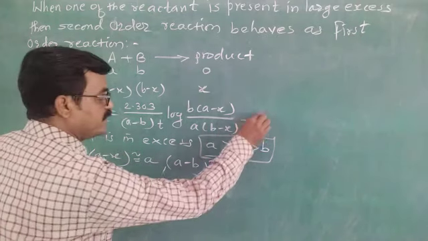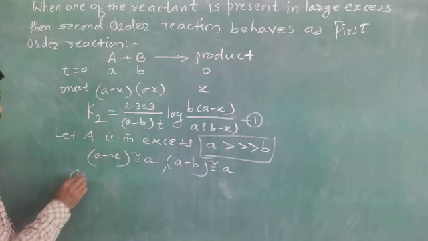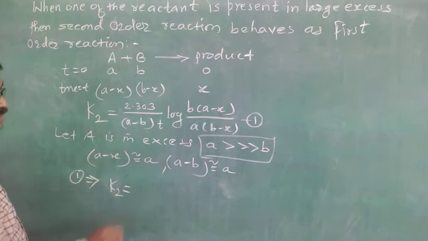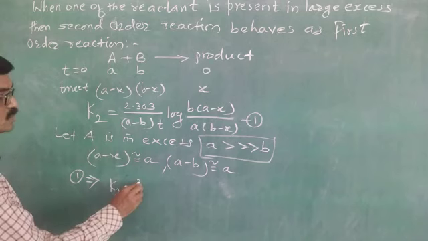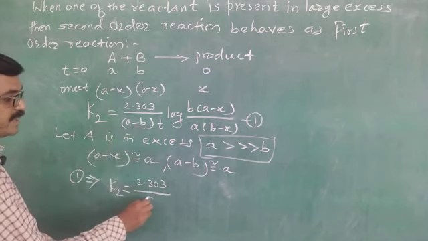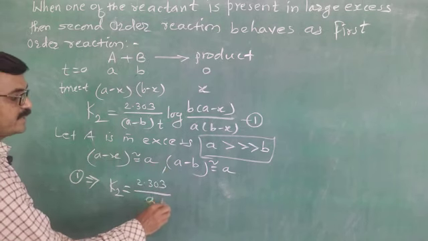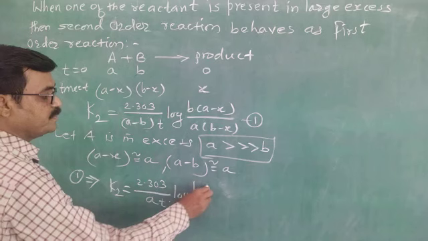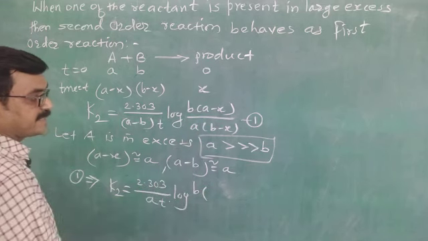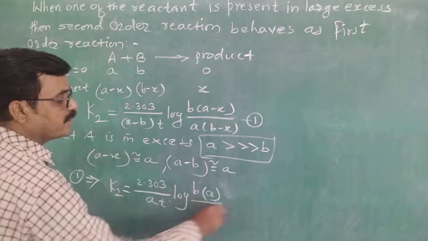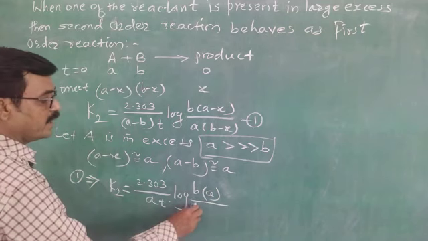Now from equation one, see this K2 is equal to 2.303 remains as it is. Now a minus b becomes a, t becomes t. Now log to the base 10, b remains b. But what is the value of a minus x? Now a minus x is approximately equal to a, so in the denominator a remains as it is.